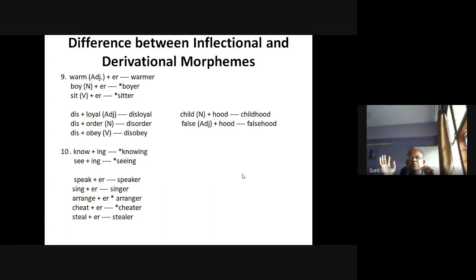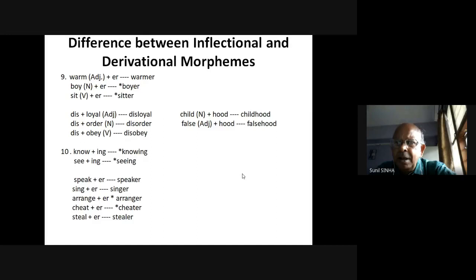So take any verb and you can add ing to that. There are only a few exceptions. Like we cannot add ing to know. I cannot say I am knowing you or I am seeing you. Ing can be added to verbs, almost all the verbs. But there are a few exceptions which can be counted. So ing can be added to all the verbs. All right. And ing is an inflectional morpheme.